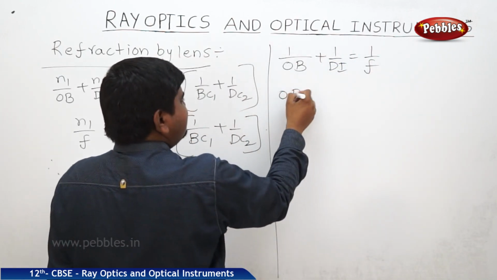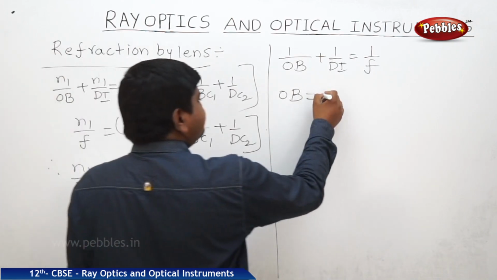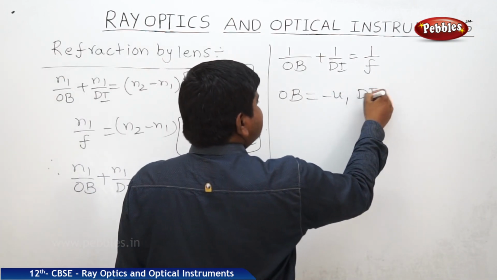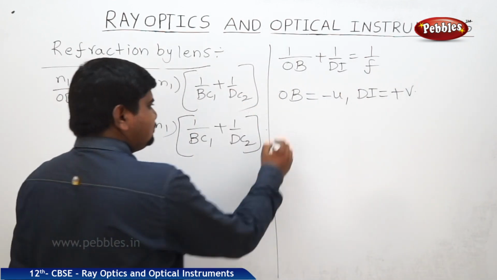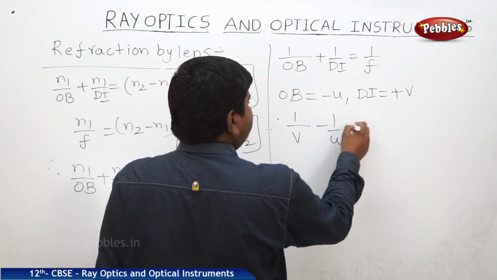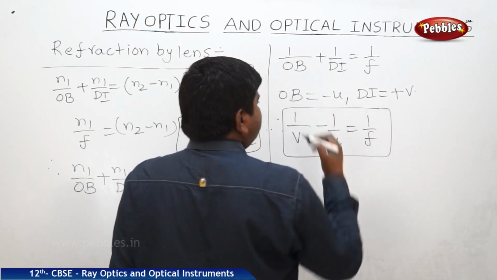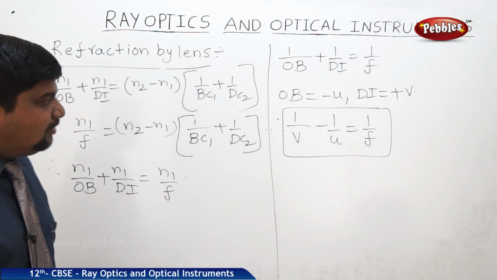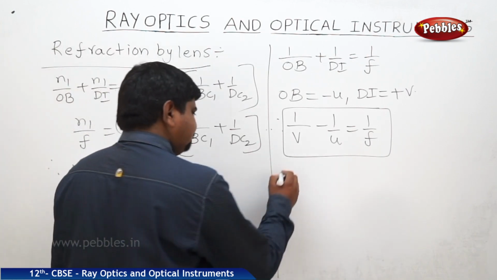If you see the diagrams, OB is the object distance, nothing but minus u. DI is the image distance, nothing but plus v. So if I substitute these values, this will become 1 by v minus 1 by u is equal to 1 by f. This is the short form of the Lensmaker's formula, or the modified Lensmaker's formula.